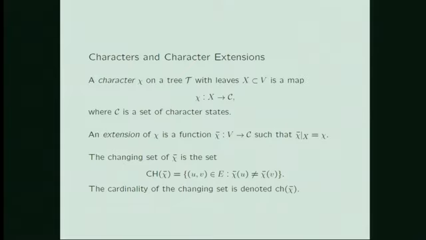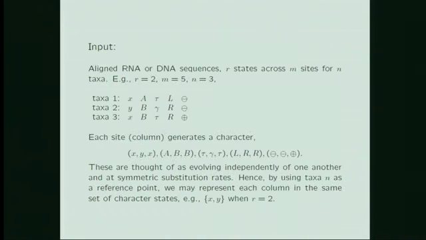And that's a changing set. The cardinality of the changing set is what you're most interested in, denoted like so. And as we will see, the maximum parsimony method simply tries to minimize the number of changes, so minimize this little ch of chi.